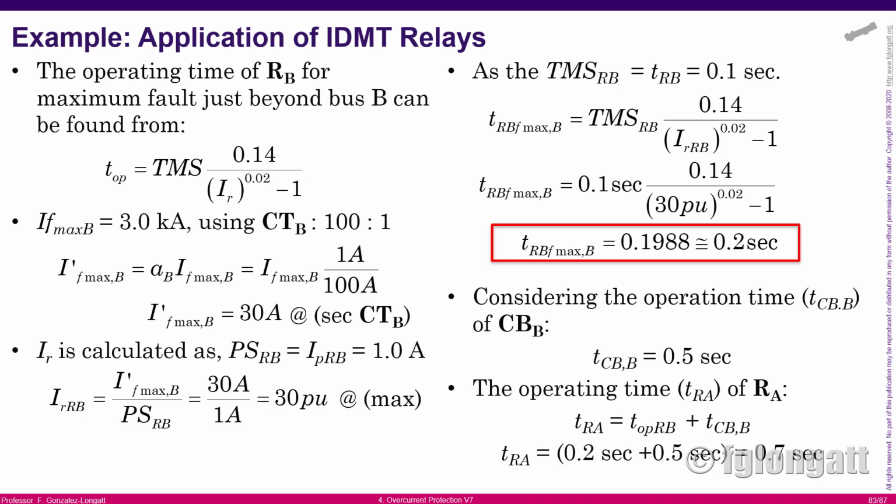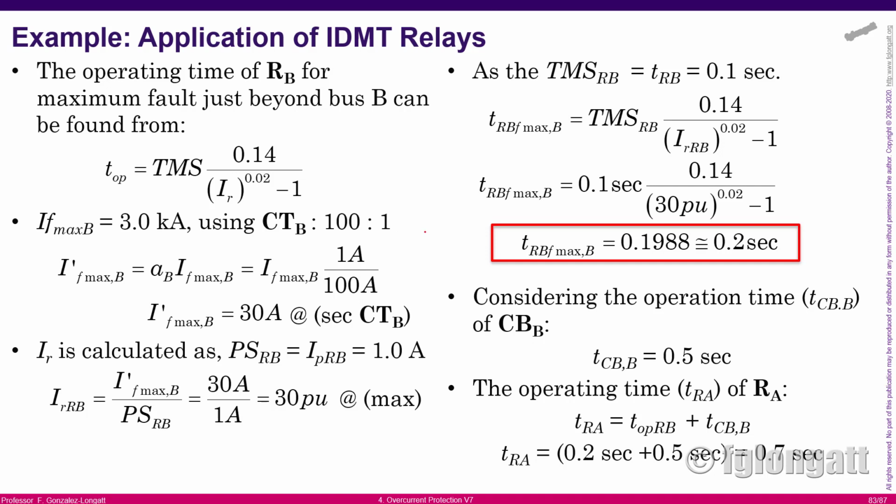Now, with the current setting, 0.1 seconds, and the per unit current for 30 amps, we obtain from the curve that the operating time of this relay is 0.1988, we can say 0.2 seconds, okay? That is the time that this relay will send the signal to the breaker to open when there is a current of 3000 amps on the primary of the CTB, okay?